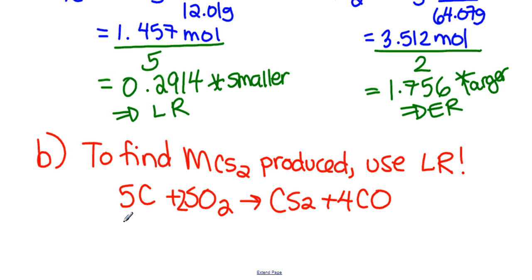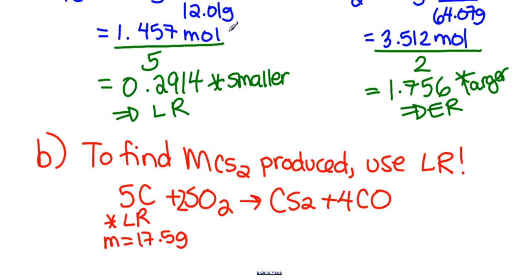And we know this is our limiting reactant. We have its mass, but we've already done a mole calculation for it. So we don't need to do that mole step again. We're going to use that number we have.